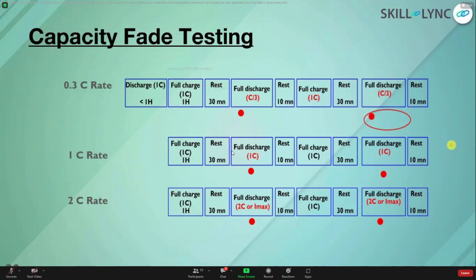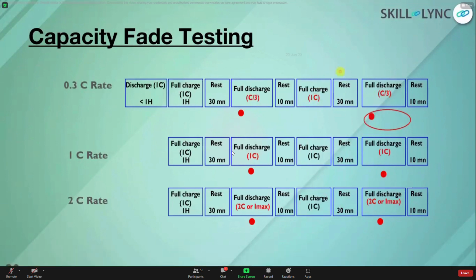Once the rest is done, we discharge the battery pack fully again at 0.3C. Once completely discharged, we let it rest, and then again fully charge the battery pack with 1C.